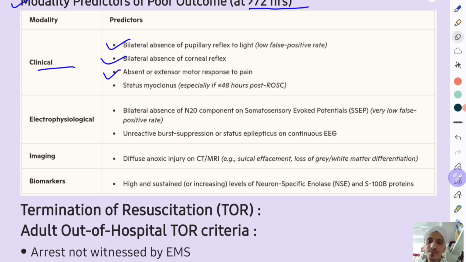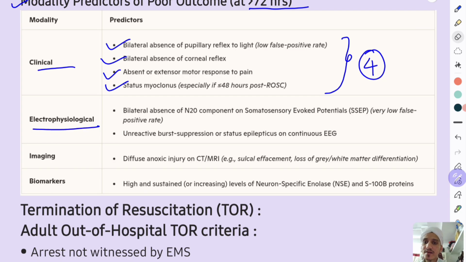Status myoclonus, especially if less than 48 hours post ROSC. So these are the clinical signs which indicate poor outcome: pupillary reflex, corneal reflex, extensor motor response, and status myoclonus, seizures.